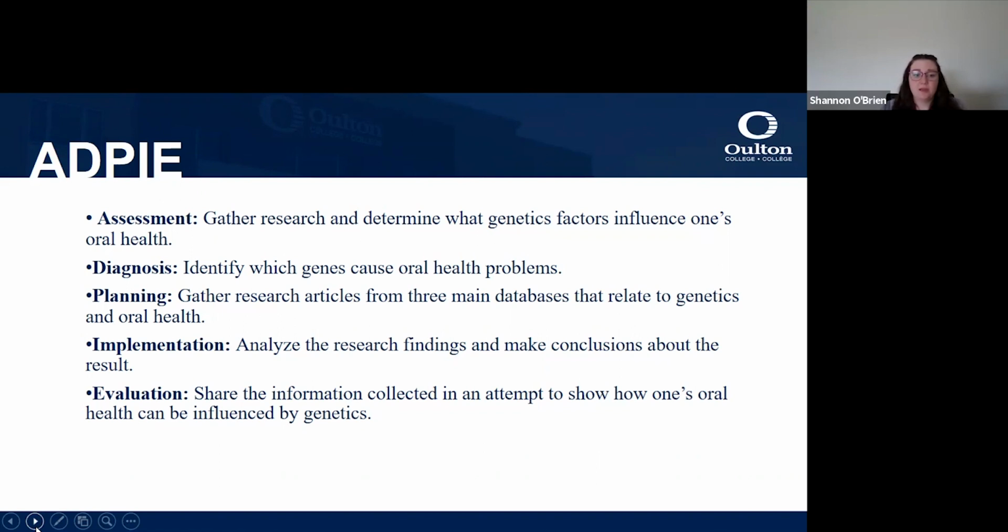For planning, we gathered our research articles from the 3 main databases that we talked about earlier, and we wanted to make sure we found the relevant ones related to genetics and oral health. For implementation, we analyzed the research findings and made conclusions about the results. And for our evaluation, we shared the information collected in an attempt to show how one's oral health can be influenced by genetic factors as well.